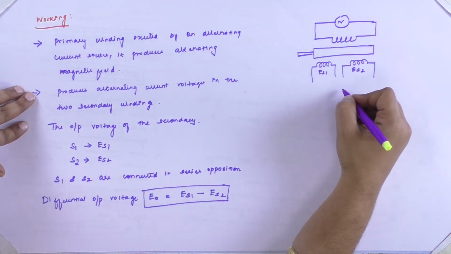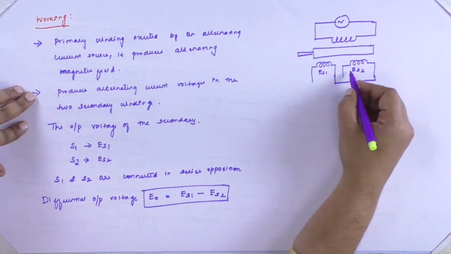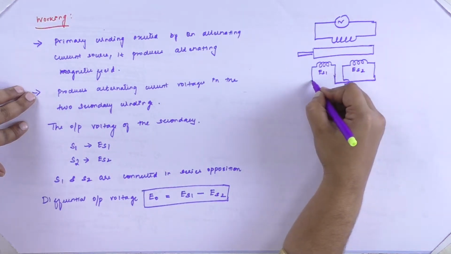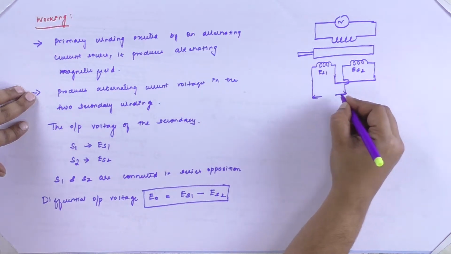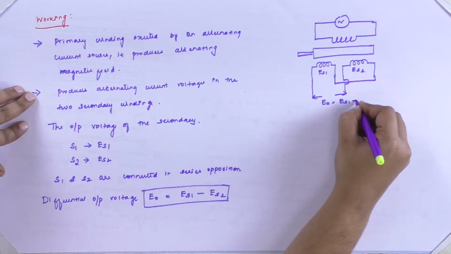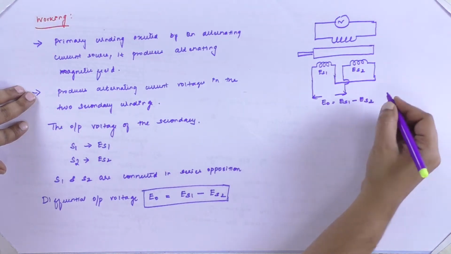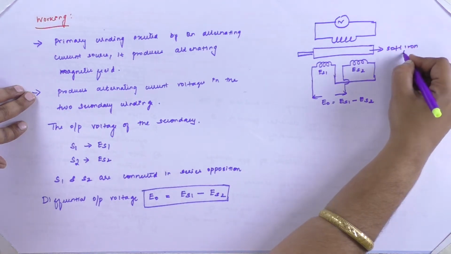In order to produce a single output voltage, these two secondary windings are connected in series opposition, so that the differential output voltage E0 is available across them, which is equal to ES1 minus ES2. This one is the soft iron core.